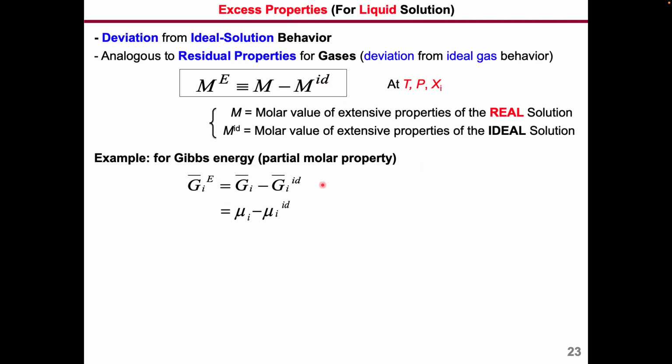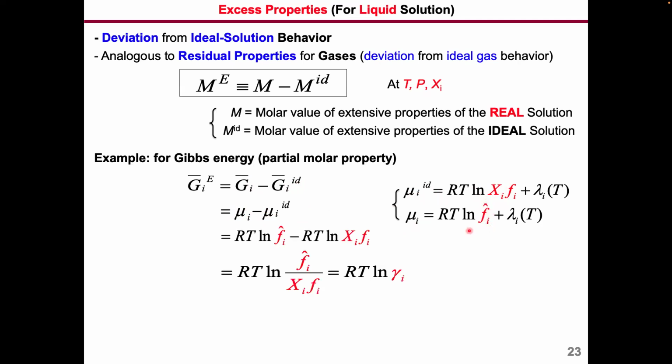And then, for example, the Gibbs free energy, the partial molar excess Gibbs free energy Ḡi^E is going to be Ḡi real minus Ḡi ideal, right? Ḡi real is going to be μi, since this is a partial molar property, basically corresponding to the real chemical potential minus the chemical potential in the ideal state, right? So for the ideal chemical potential, we already know it's related to xi fi, but for the actual one, it's an effective pressure, right?